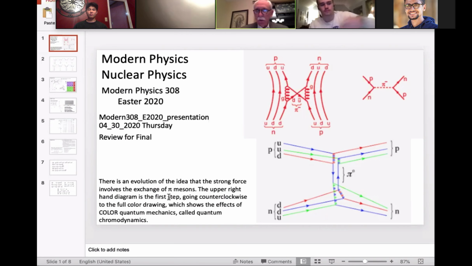And when we finished the book, 4 months later they discovered the Higgs boson. So that's pretty cool. Good timing. They released the book with an appendix that discussed what happened in the discovery.